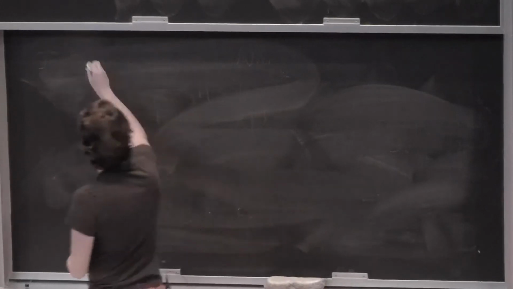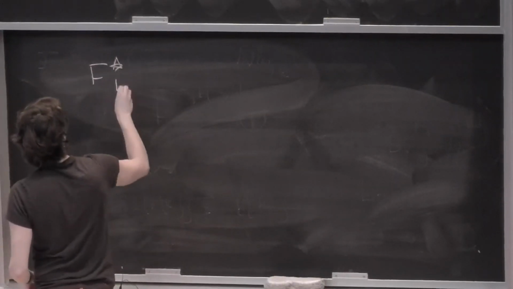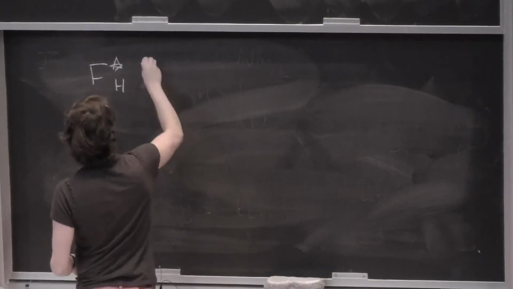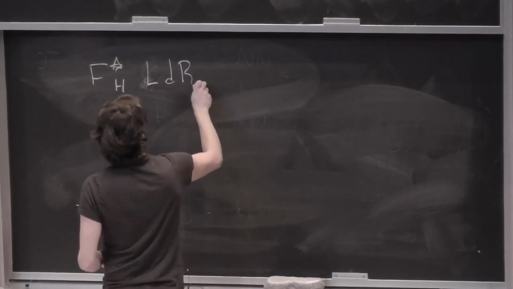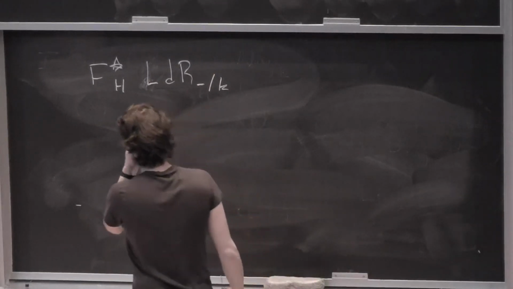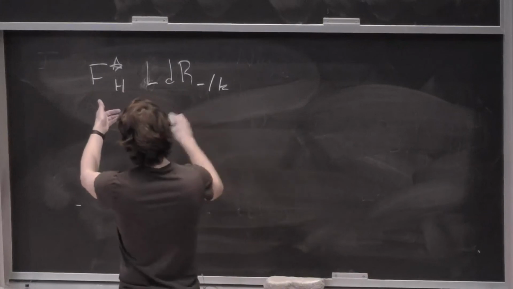Okay, so let's call that F star H L de Rham blank over K. And what are the graded pieces of this?